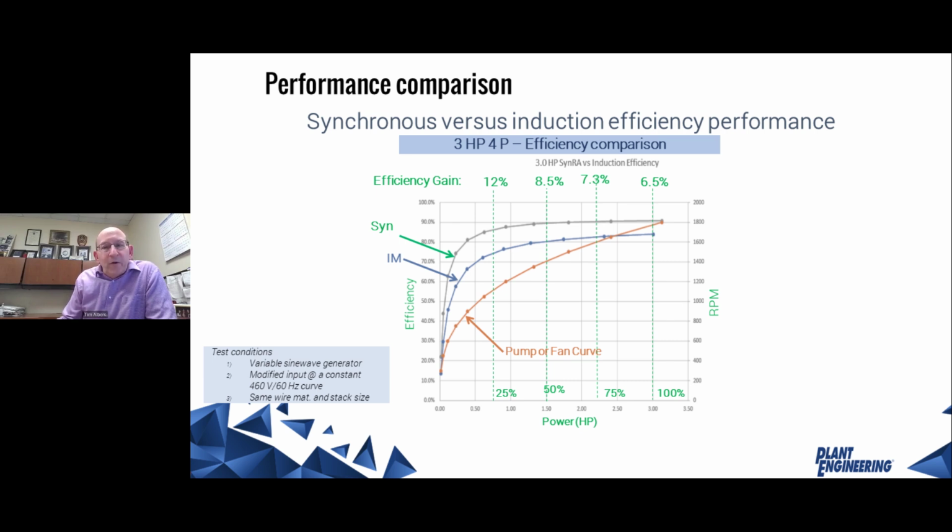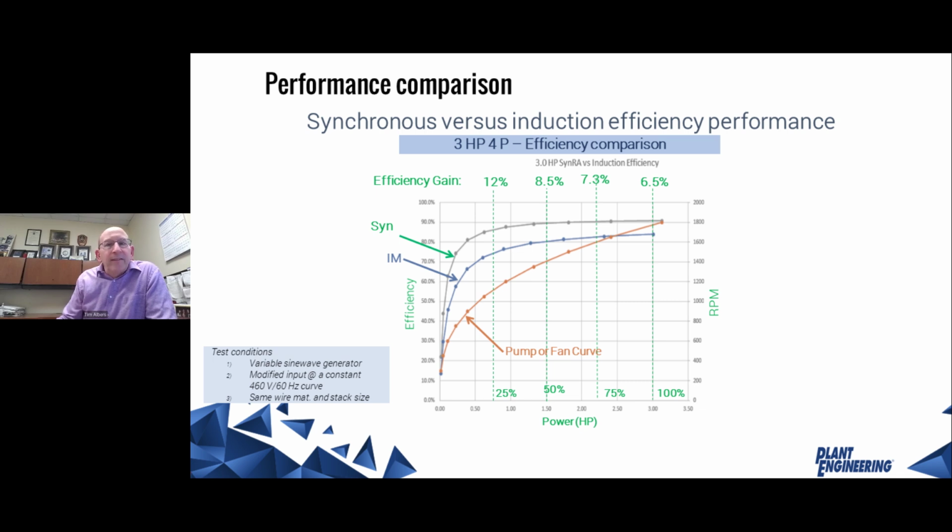But if you come down here to a part load, at 25% load, you can have as much as a 12% gain of efficiency on the synchronous motor versus the induction motor, because the synchronous motor maintains its efficiency as you slow it down on a drive better than an induction motor. So when you start talking about 12 points of efficiency gain or even more, it is extremely significant, the difference of applying a synchronous motor versus an induction motor.